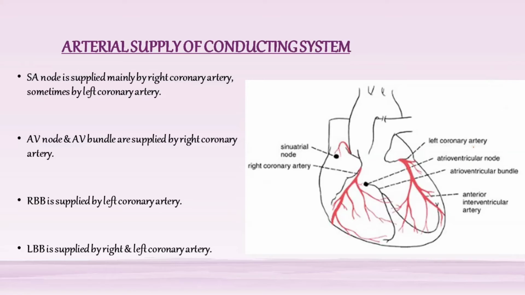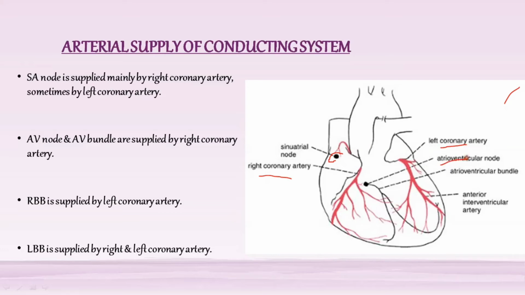Then the second component is the AV node and AV bundle. This is the SA node, which is supplied by the right coronary artery, in some people by the left coronary artery.